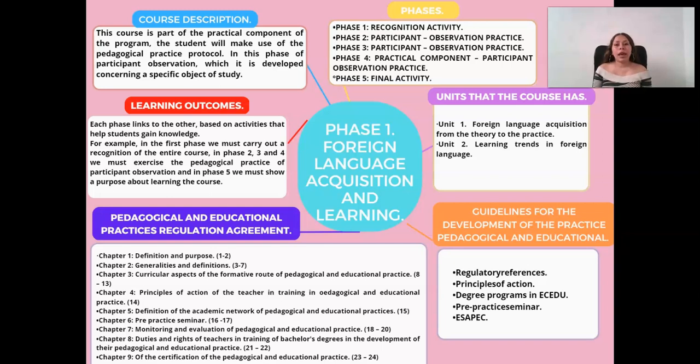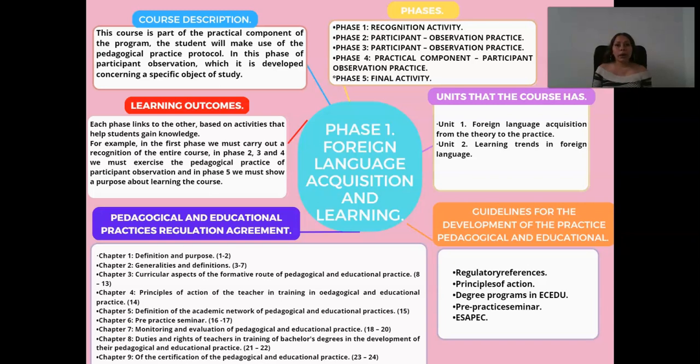Okay, the units that the course has. There are 2 units in this course, and each document is very important because it helps you find the solution to all the activities. For instance, Unit 1, Foreign Language Acquisition from Theory to Practice, and Unit 2, Learning Trends in Foreign Language.